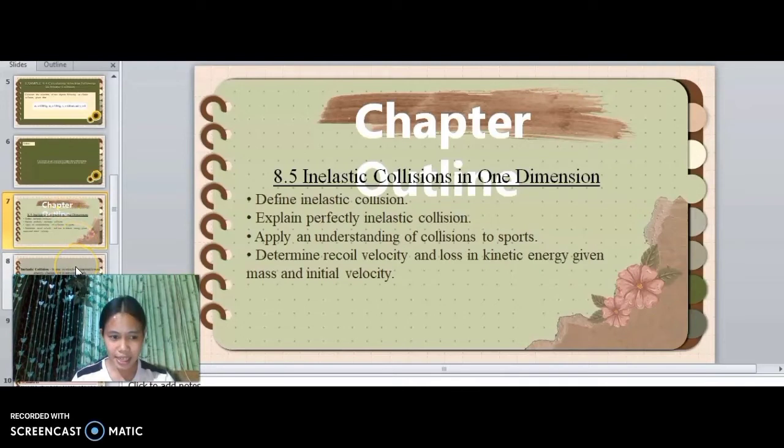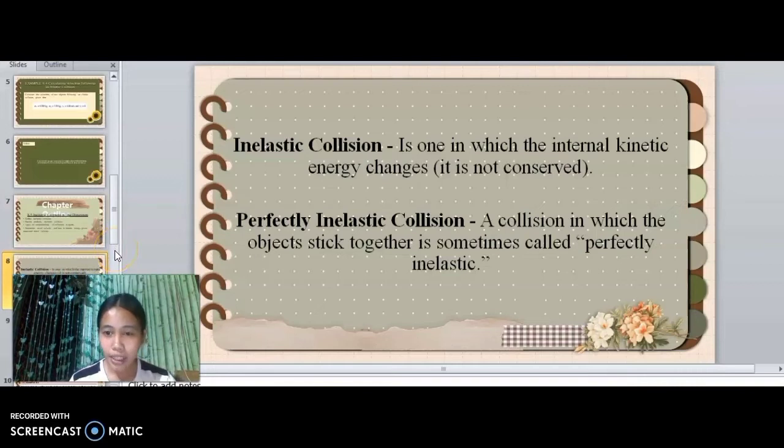So what is an inelastic collision? An inelastic collision is one in which the internal kinetic energy changes. It is not conserved. So the main difference between elastic and inelastic collision is that in the inelastic collision, the internal kinetic energy changes.